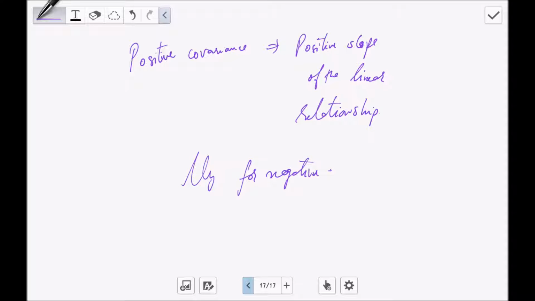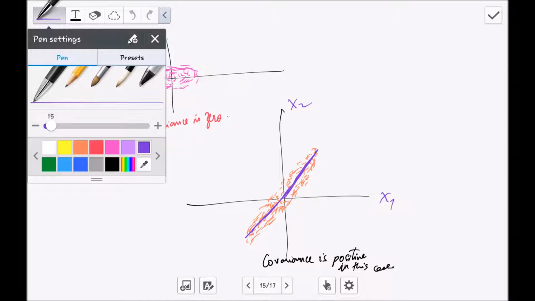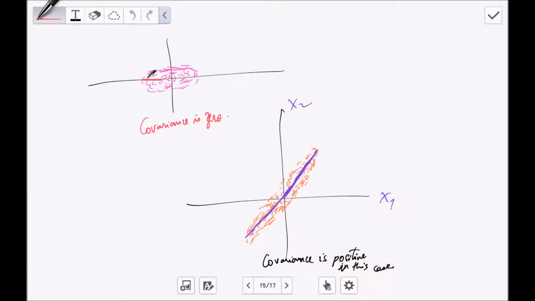Okay, and if they were uncorrelated, the slope was almost 0. Or sometimes it could also be infinity if this was the major axis. But here it is 0. We can always rotate it the way we want.